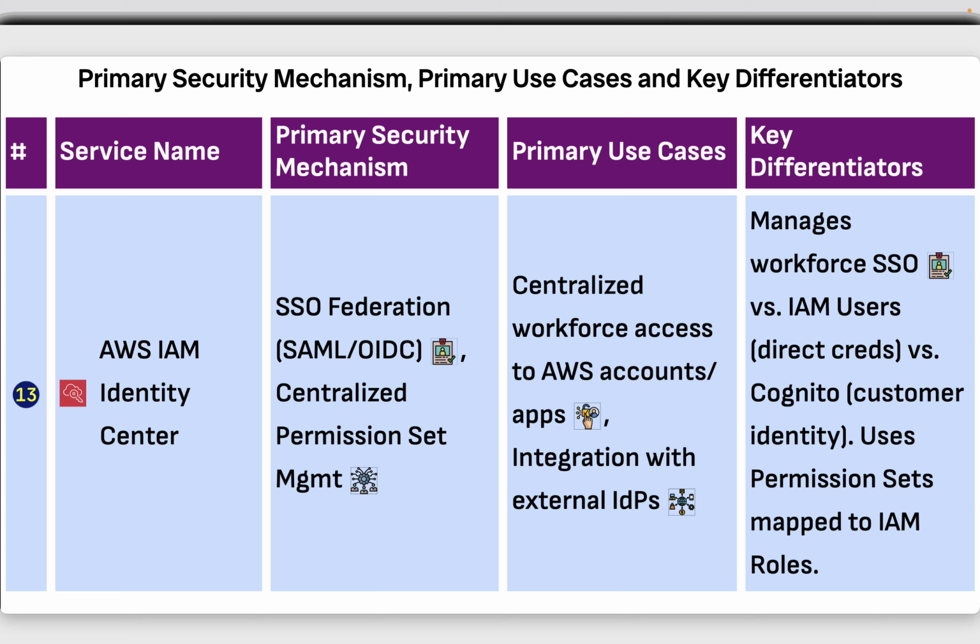Key differentiators are it manages workforce single sign-on when compared to, let's say, IAM users, which is direct credentials, versus one more service, AWS Cognito, which is for customer identity. Uses permission sets which are mapped to IAM roles. So this is how it works. There's a permission sets feature in this which gets mapped to IAM roles.